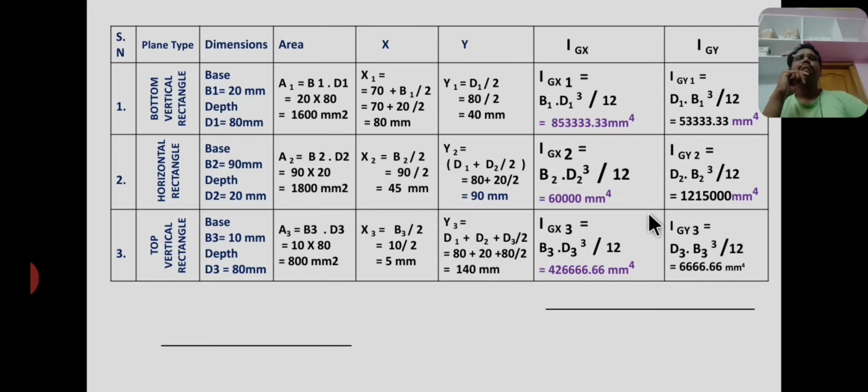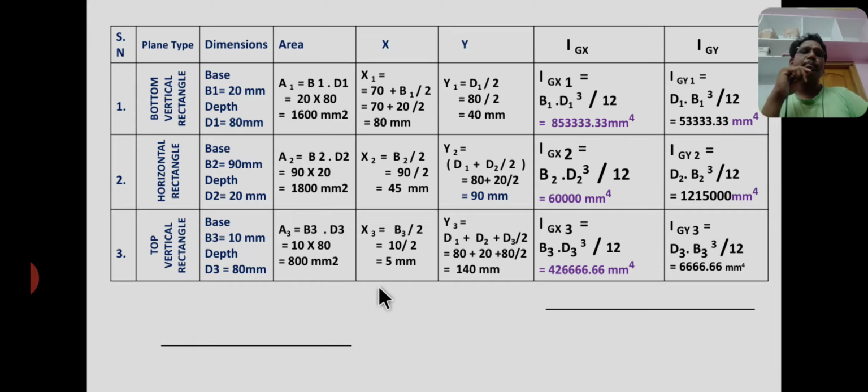Now these are the section numbers. Section 1 is the bottom rectangle, section 2 is the middle rectangle, section 3 is the top rectangle. These are the dimensions, these are the individual areas. X and y values are coordinates of centroids. Igx, Igy are the area moment of inertia about the centroidal axis.